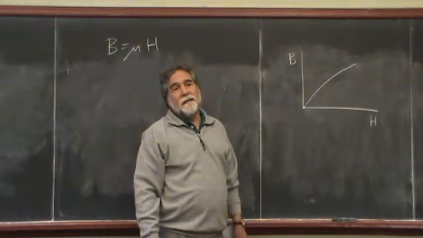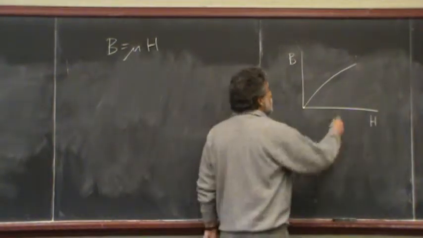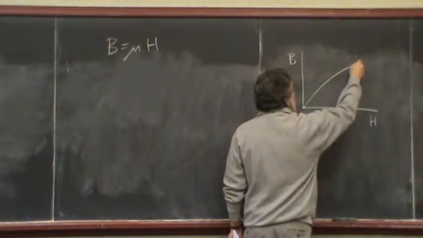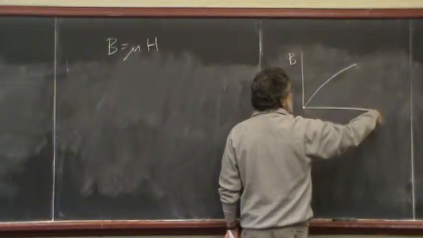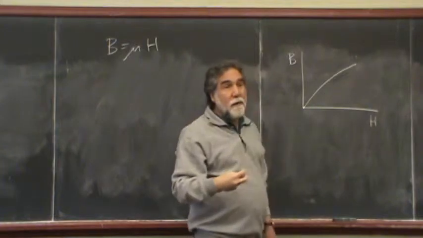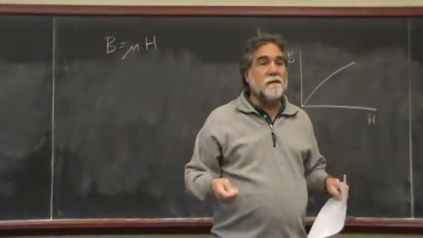The problem is that with real materials, ferromagnetic materials, when I get up to here and then I take my current back down, because H is really only responding to the current that's creating the field.